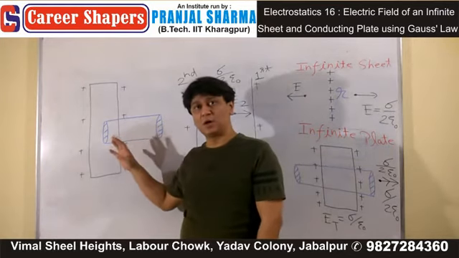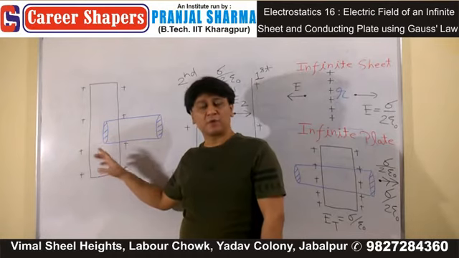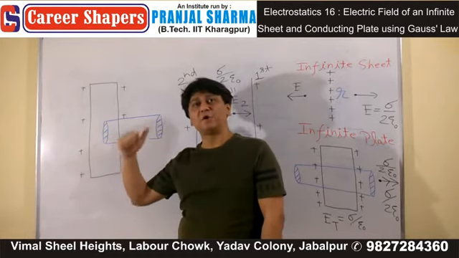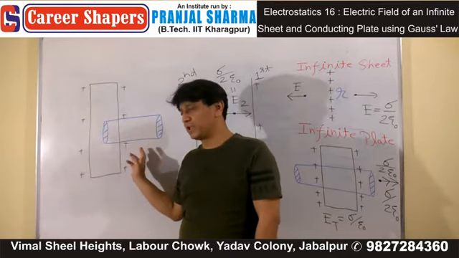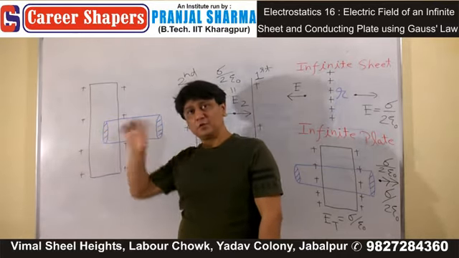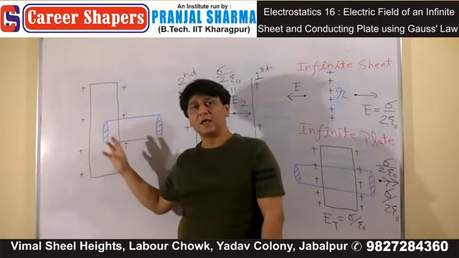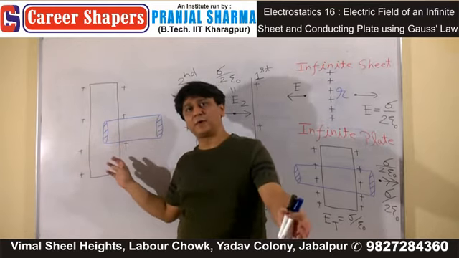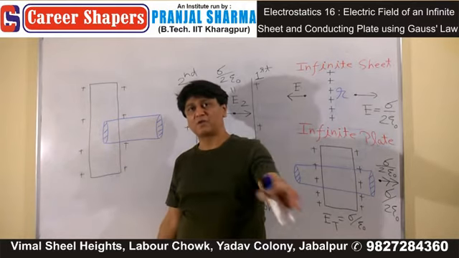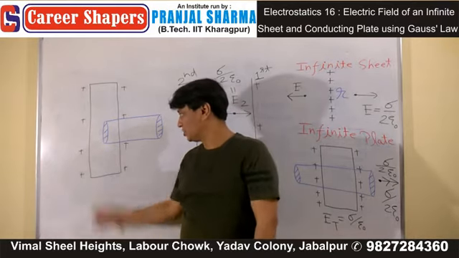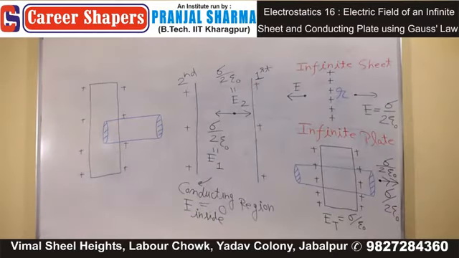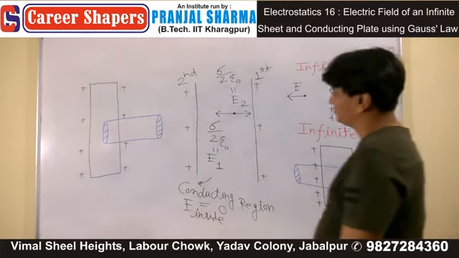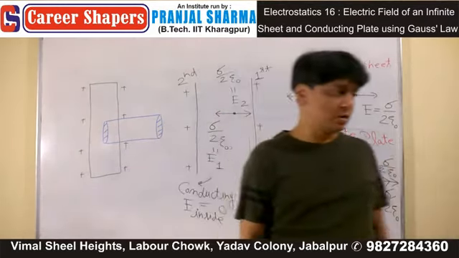Inside a conductor at equilibrium, there can be no electric field, there can be no charge. Draw this, and the moment you get the answer, which is sigma upon epsilon 0, write down yours in the comment box.